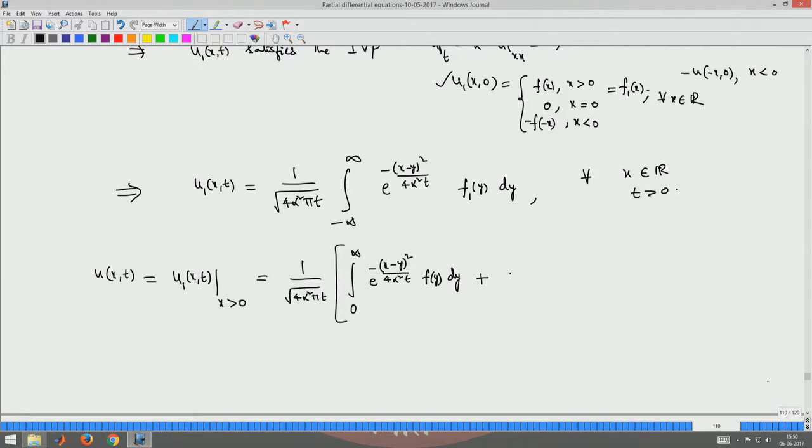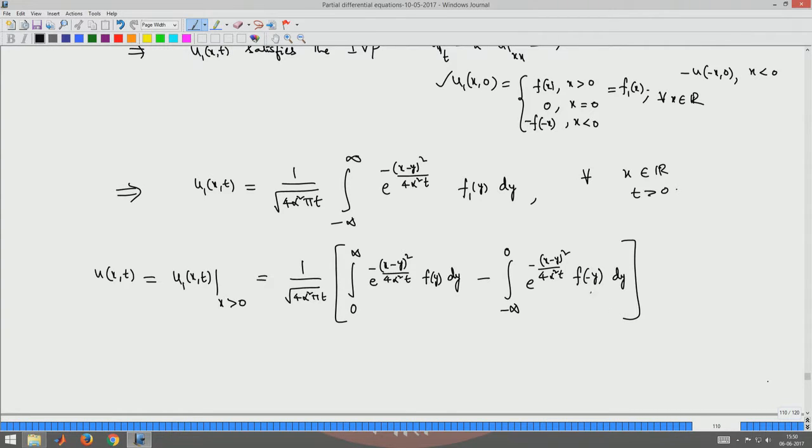Now, plus minus infinity to 0, this is the same, e power minus (x minus y) square by 4 alpha square t. Now, f1 of y when y is negative, from minus infinity to 0, is minus f of minus y dy. So, this is the solution.